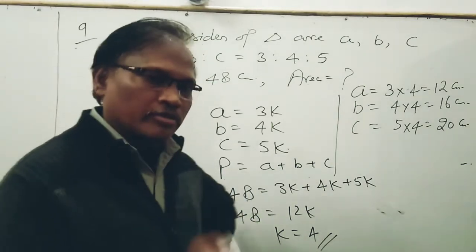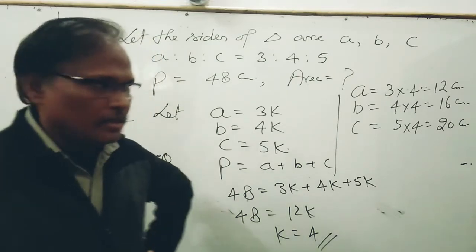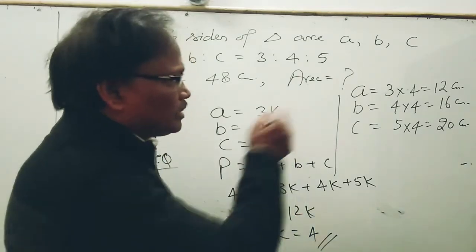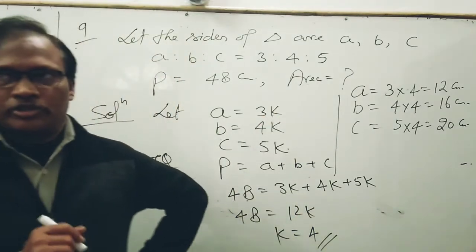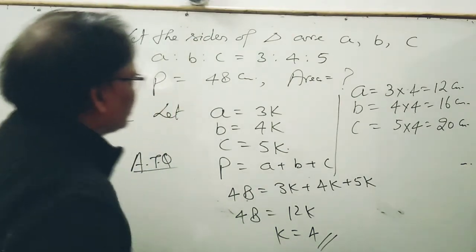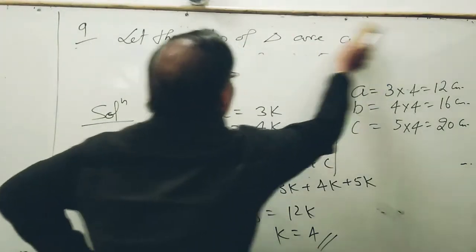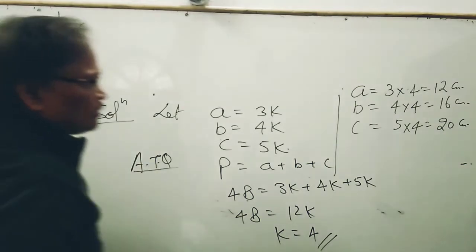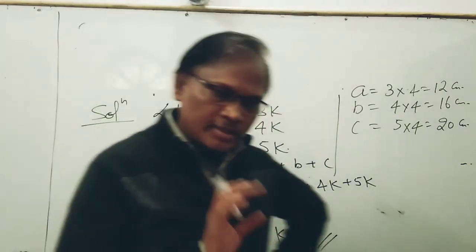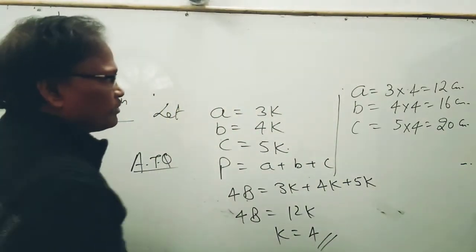और हाउ टू रिकॉग्नाइज दैट, how to find whether it is the right angle triangle or not. हमने उस दिन बताया था कि how to check the given sides are of right angle triangle or not. क्या बताया था?